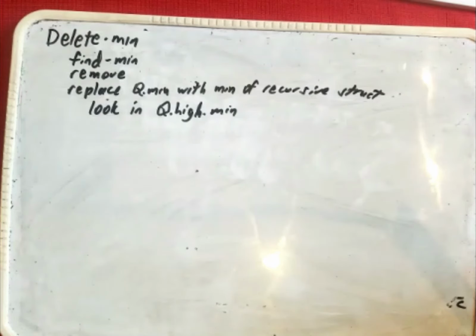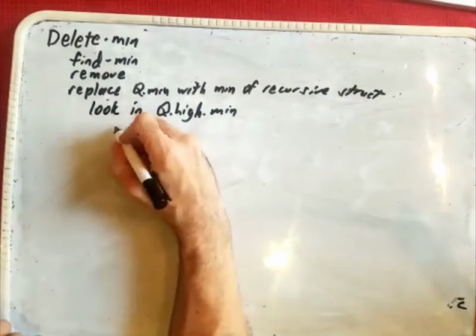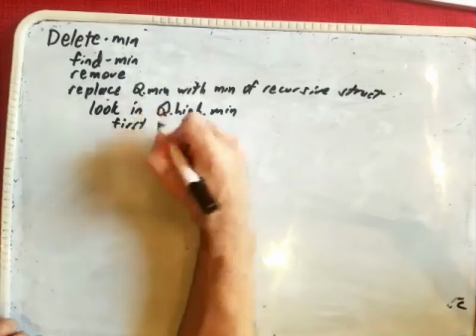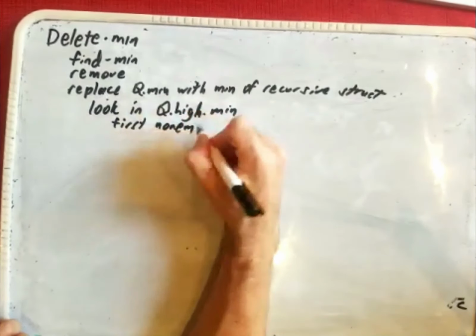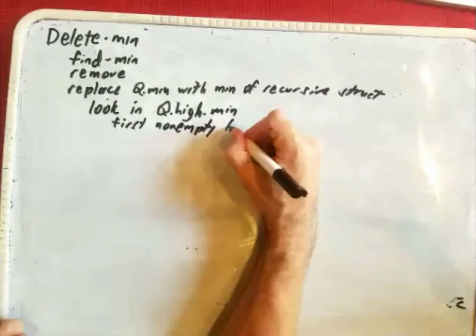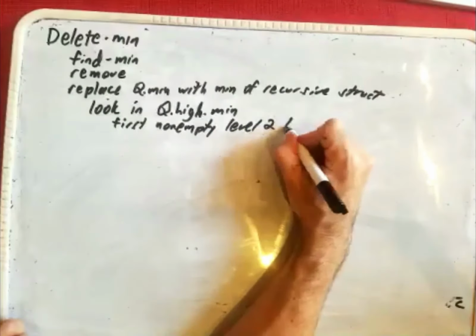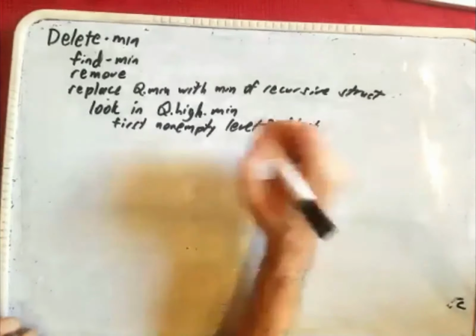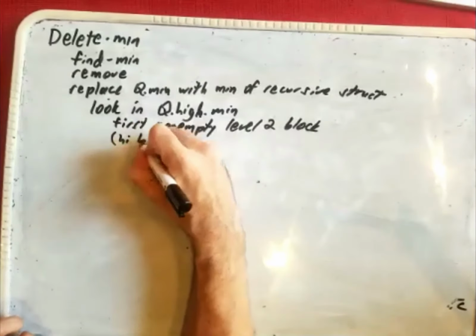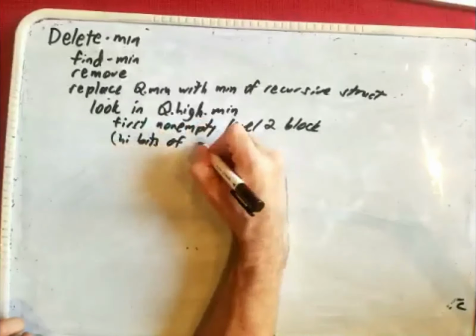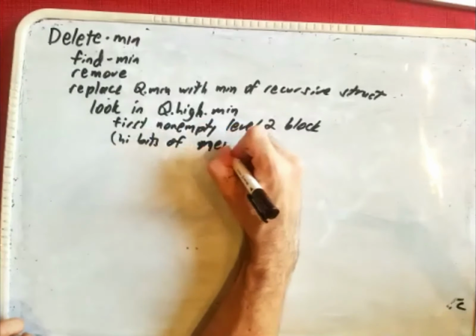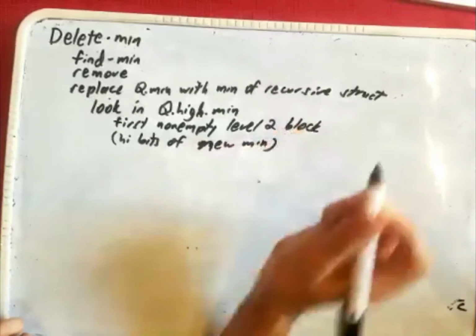What is stored in q.high.min? The first b over 2 bits of the minimum. Correct. It is an index of the first non-empty level 2 block. And equivalently, it's the high bits of the new min, right?